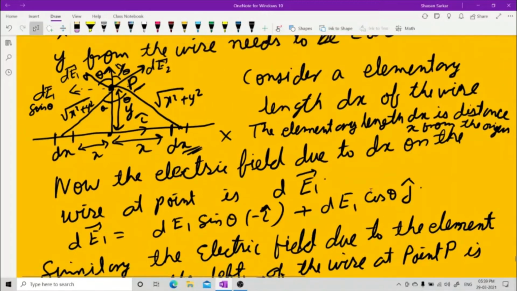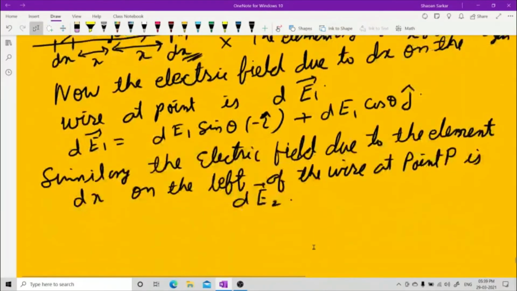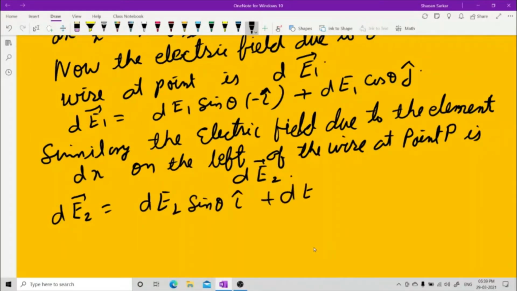Now if you see this figure, dE2 will again have two components. This will be the dE2 sin theta component, and here will be the cos theta component. Similarly, for this there will be a cos theta component in this sense. So now you can see dE2 vector is nothing but dE2 sin theta i cap plus dE2 cos theta j cap.